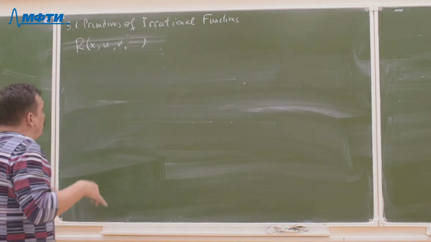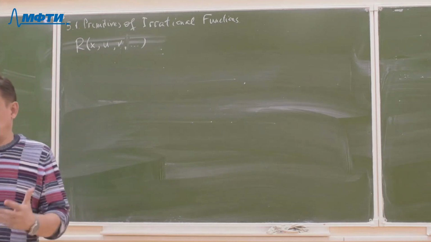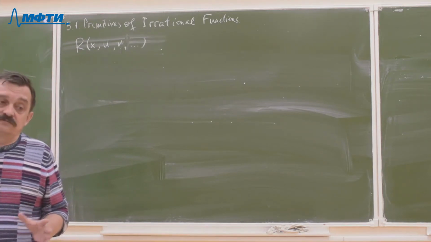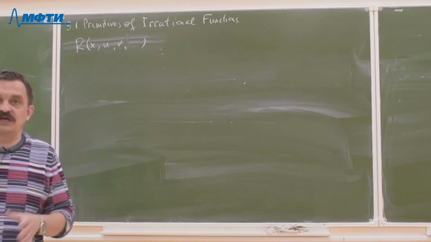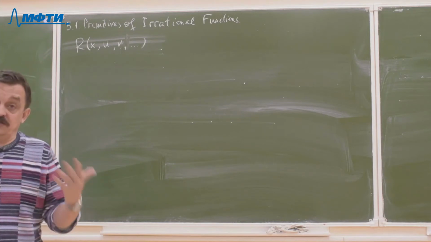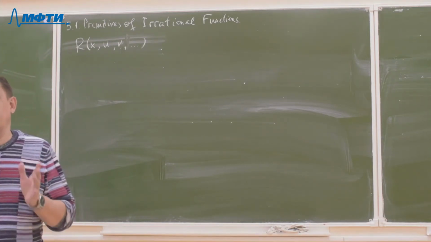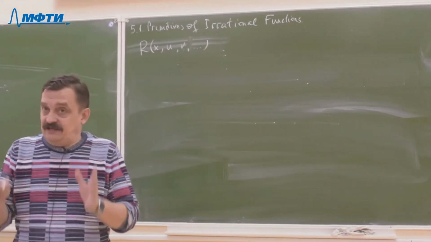So we are talking about functions which contain some roots. And in general, many of those functions cannot be integrated in terms of elementary functions, unfortunately. But there are a few particular cases when we can do it.